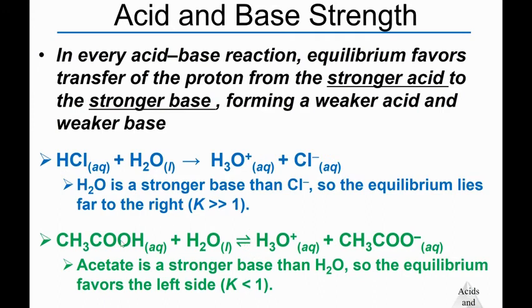That tells you that you have a weak acid, a weak base, and on the other side, we have a weak base here, the CH3COO minus, which is the acetate ion, is also not very strong, and hydronium H3O plus is not a strong acid. So now it's kind of a battle of which one's the stronger base. Is acetate the stronger base, or is water the stronger base?